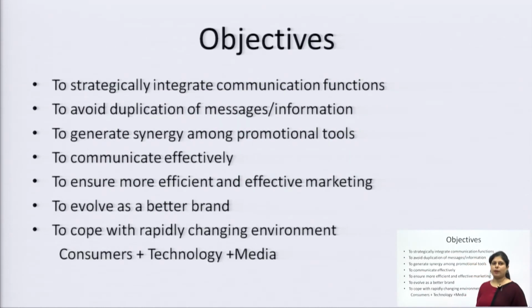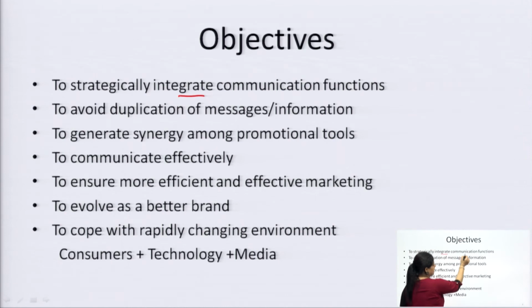Now, let us talk about the objectives of IMC. The objectives of IMC broadly, the points we have already talked about. They strategically integrate communication functions. So, whatever communication functions we have, it is a strategic approach to combine them, to balance them out.